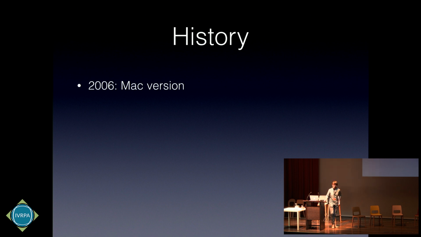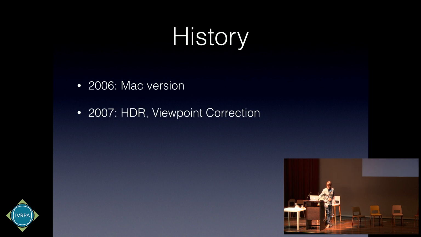It started as a Windows-only application. In 2006, a Mac version was released. A year later, two big new features were added: support for HDR panoramas and viewpoint correction. Viewpoint correction allows you to take photos away from the no parallax point.